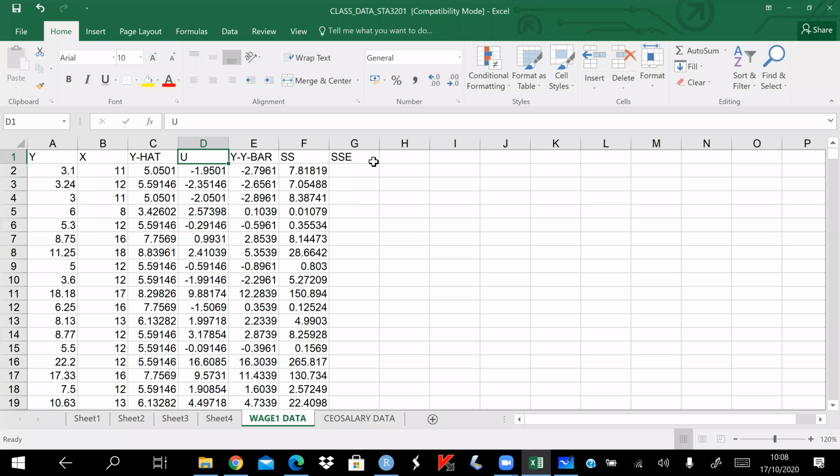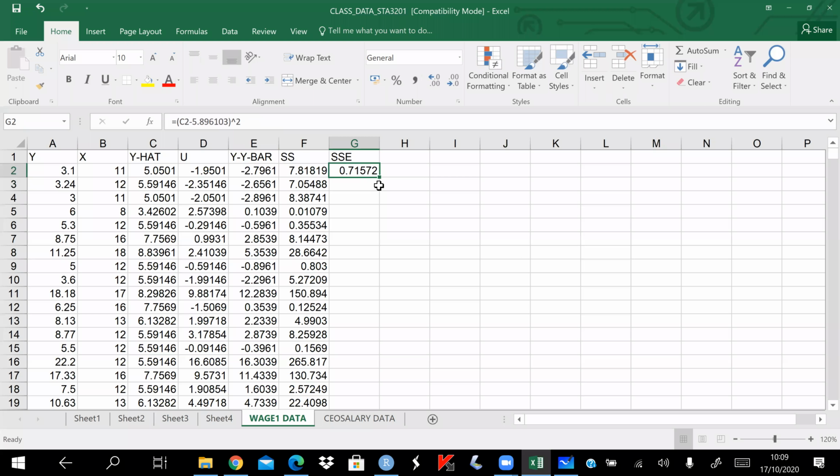So my explained sum of squares will be given by: you take your value of y hat, this value here, and you minus the value of y bar, which we got was 5.896103. But I need to have it squared, so I'm going to square it at this point, raised to power 2.